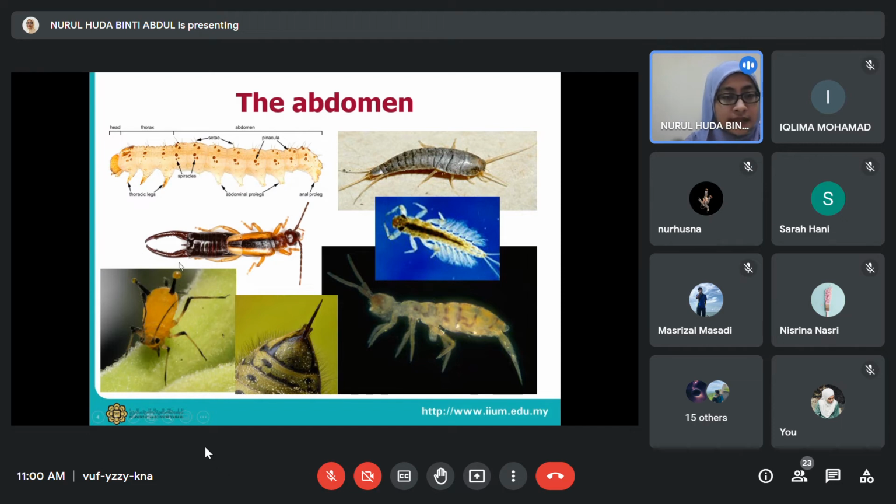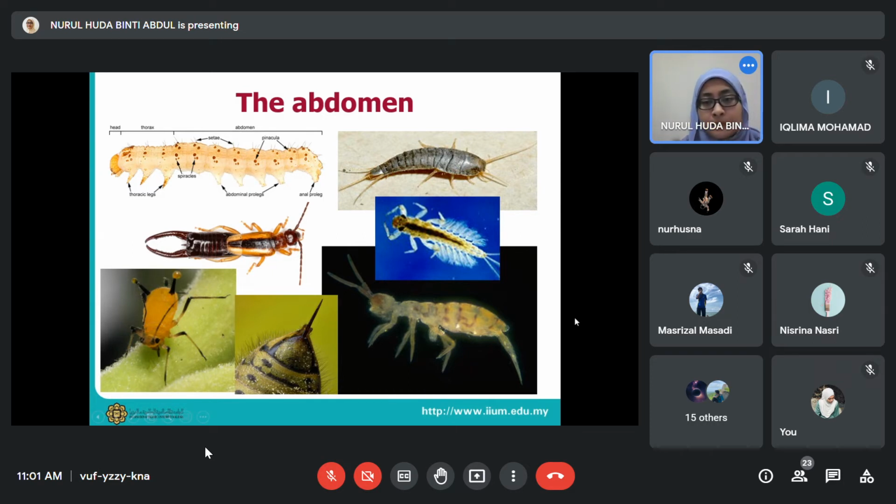This is not the anus, the one that excretes waste. They do excrete something like waste, but it is watery and contains sugary compounds.